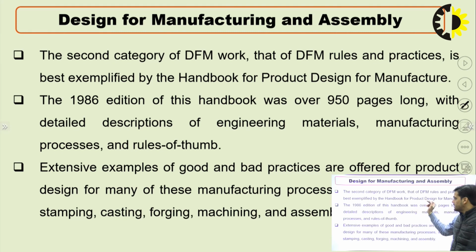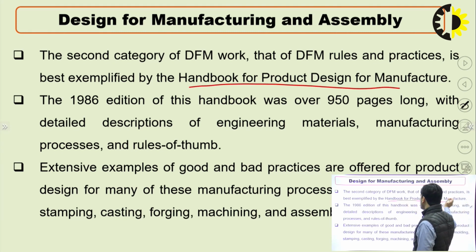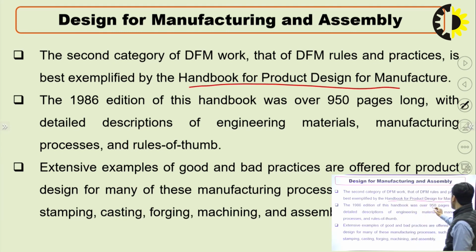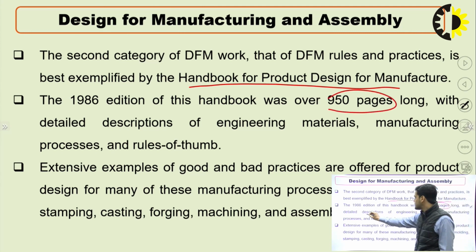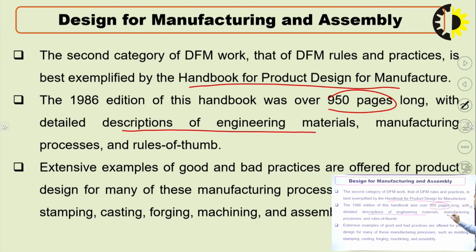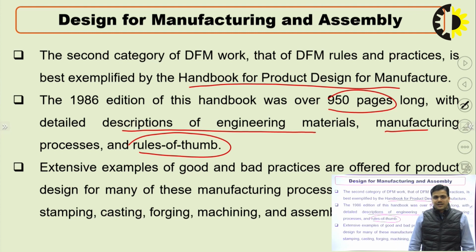The 1986 edition is a book of 950 pages with detailed descriptions of engineering materials, manufacturing processes, and rules of thumb, meaning the rules that we have to use for generating products for any industry.